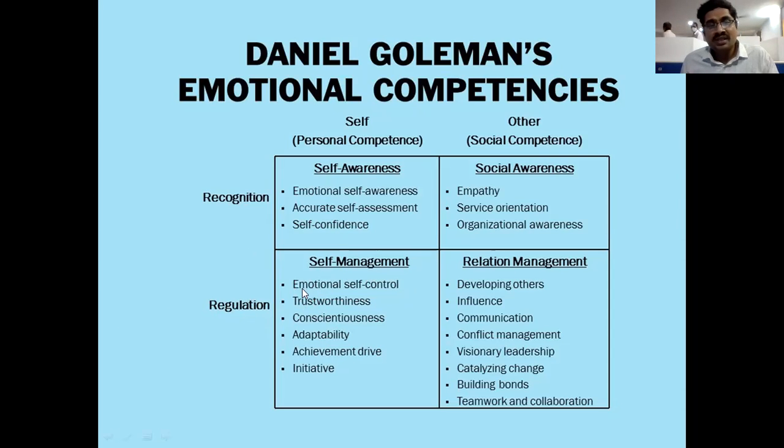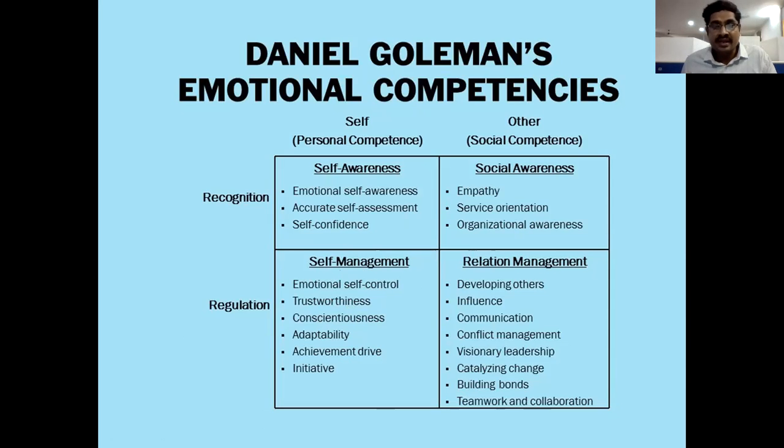For this we have three models: Salovey's model, Mayer's model, and Daniel Goleman's model. These are the three models to control our emotions. So emotional self-control, I want to repeat it, is controlling of our emotions. Next, trustworthiness.